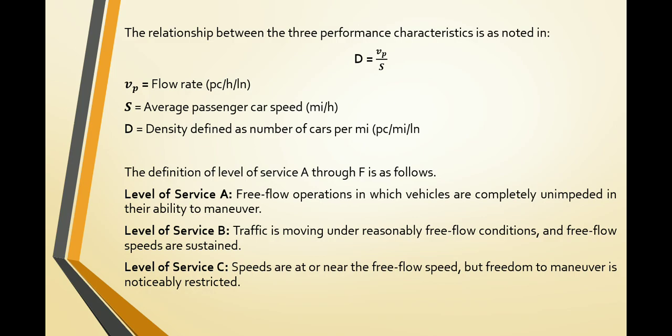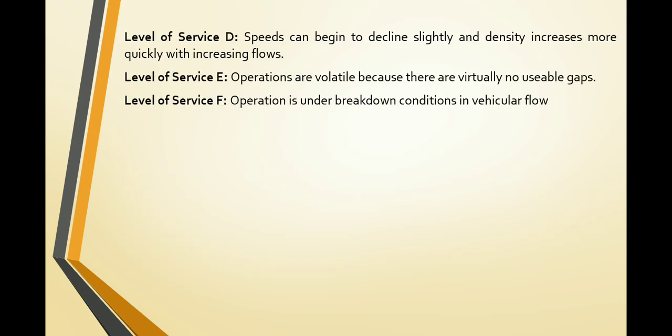LOS C, speeds are at or near the free flow speed, but freedom to maneuver is noticeably restricted. LOS D, speeds can begin to decline slightly and density increases more quickly with increasing flows. LOS E, operations are volatile because there are virtually no usable gaps. LOS F, operation is under breakdown conditions in vehicular flow.